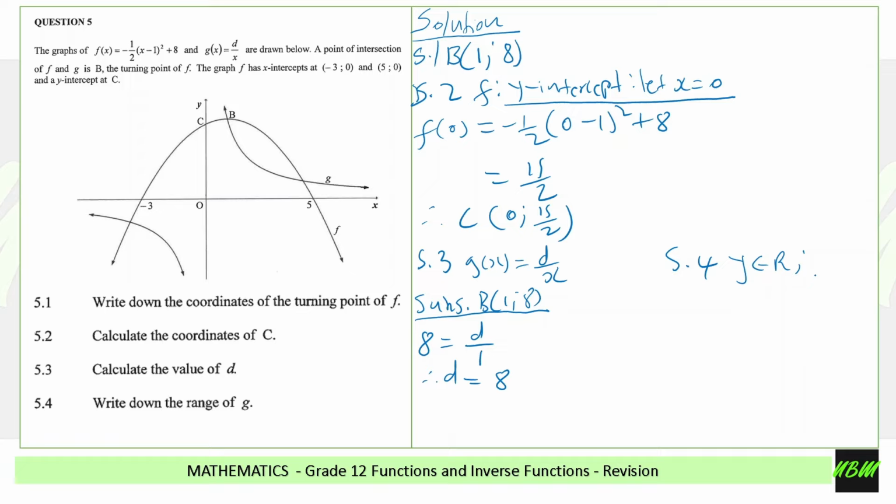What is our asymptote? y is equal to 0. Therefore, y must not be equal to 0. That will be the range of g, our hyperbola, all values of y except 0.